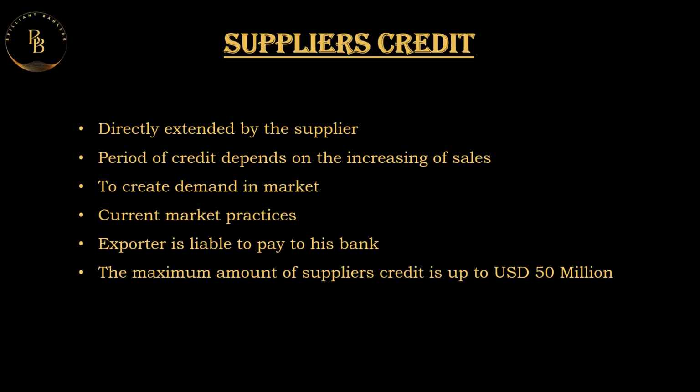It is a financing arrangement where the exporter extends credit to the importer for a specified period. This means that the importer receives goods or services from the exporter and agrees to pay for them at a later date. The supplier is giving the credit himself, wherein the buyer or the importer can take the items.